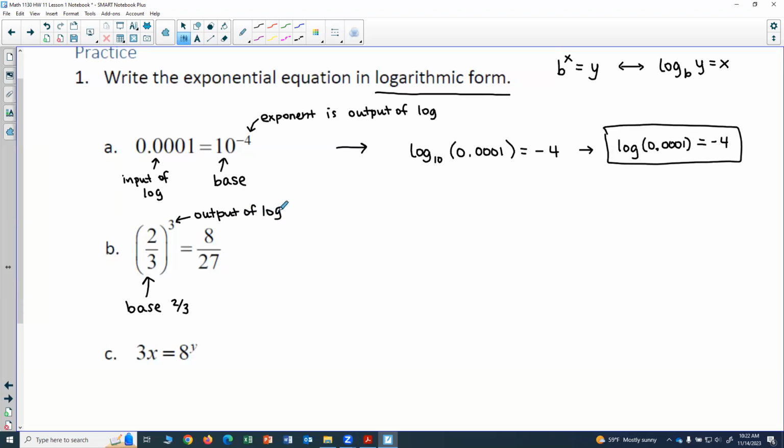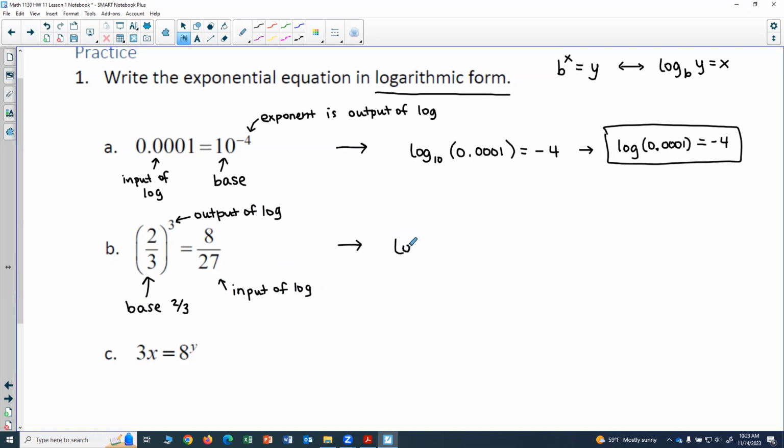And whatever your exponential equals will be your input of the log equation. So the output of your exponential becomes the input of the log equation, which we sometimes call the argument of the log. The thing that we plug into the log is called the argument.